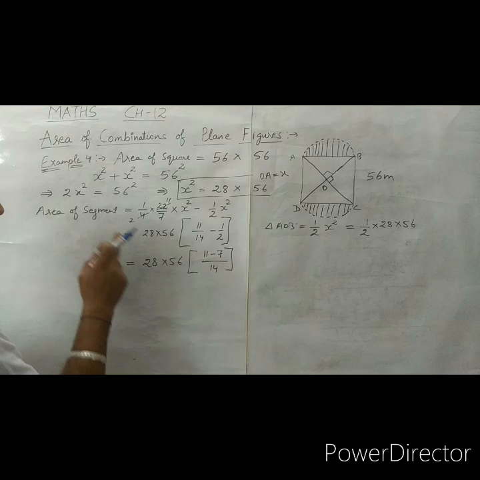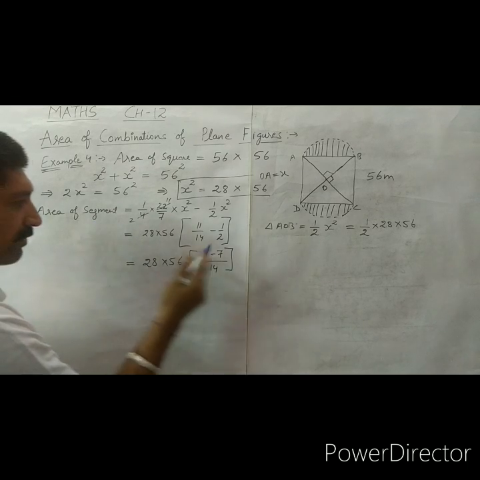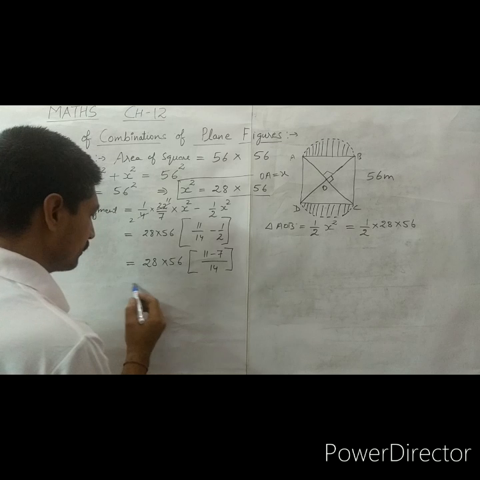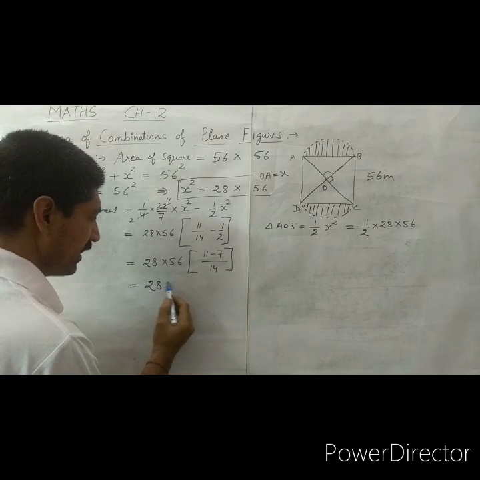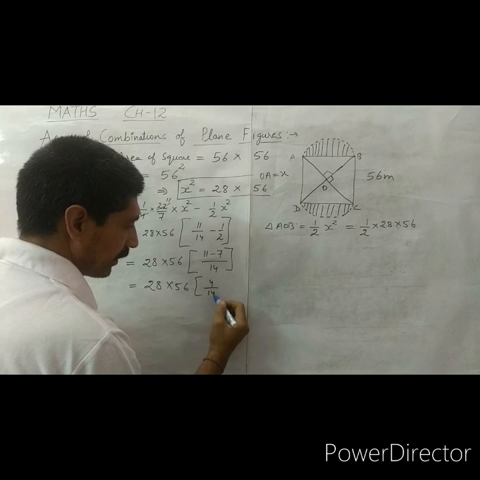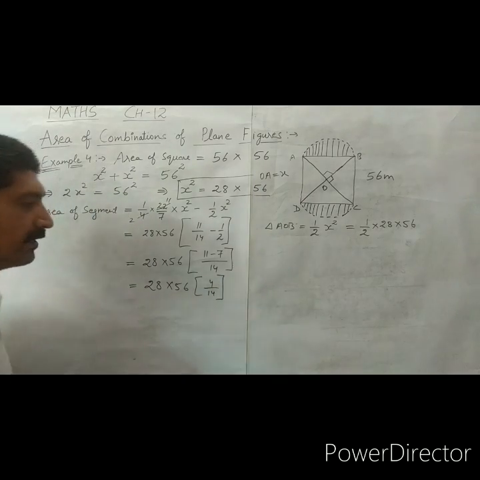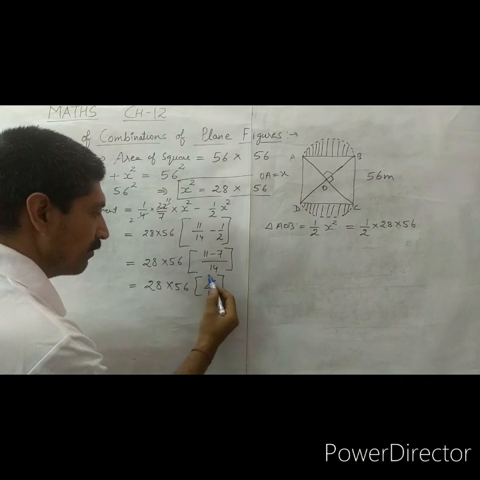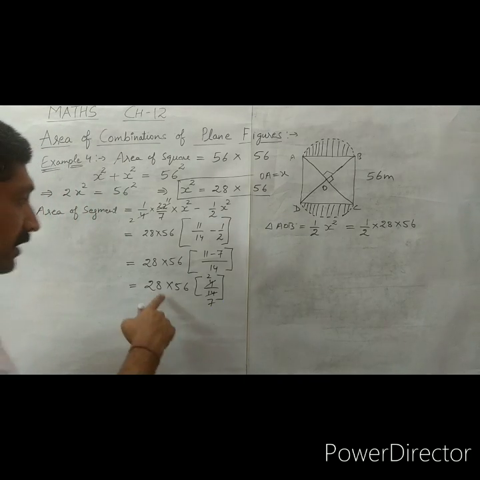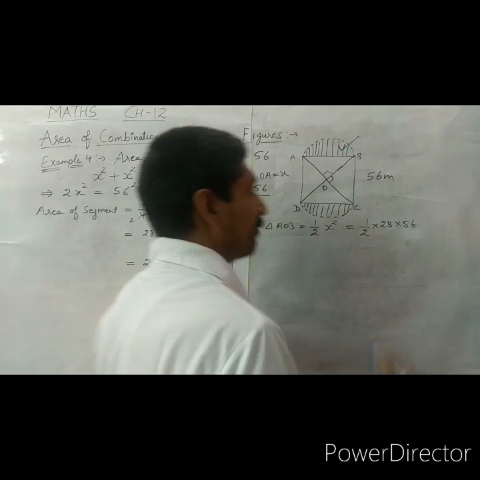So the area of the segment is 4 upon 14 into 28 into 56, or we can write 2 upon 7. This is the area of one flower bed.